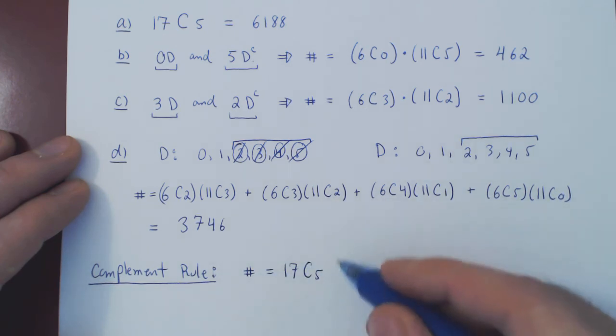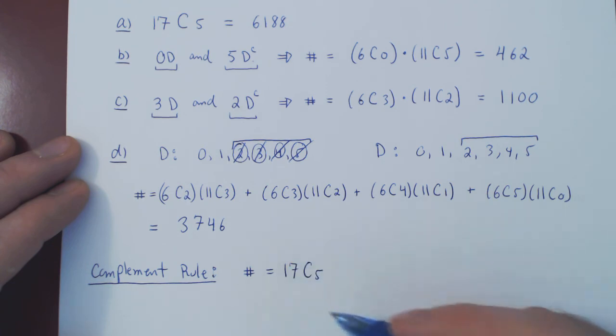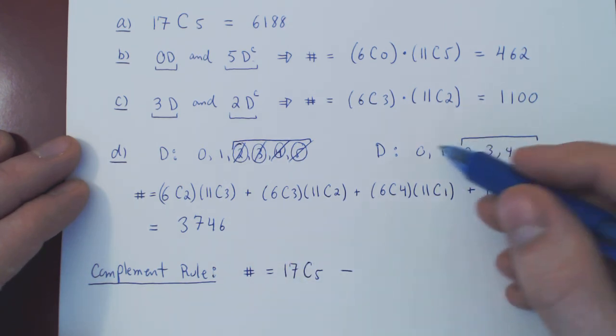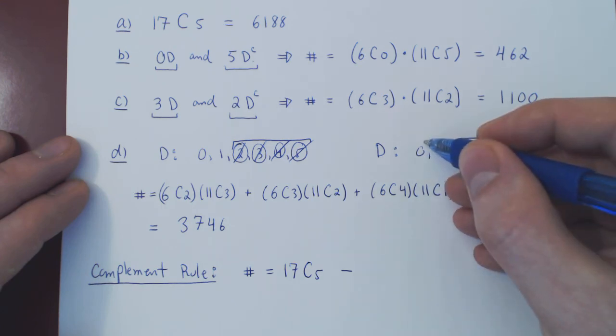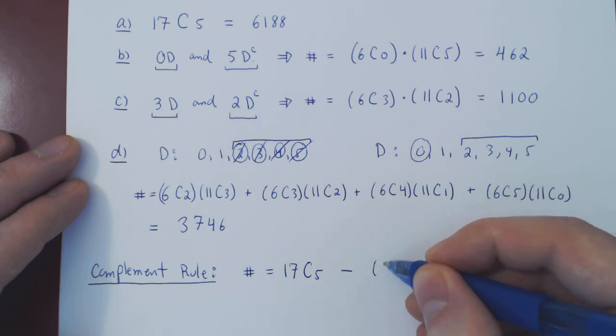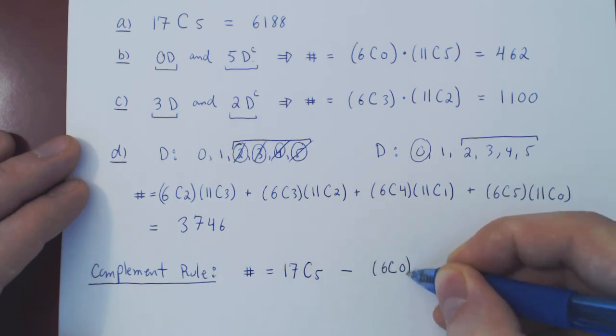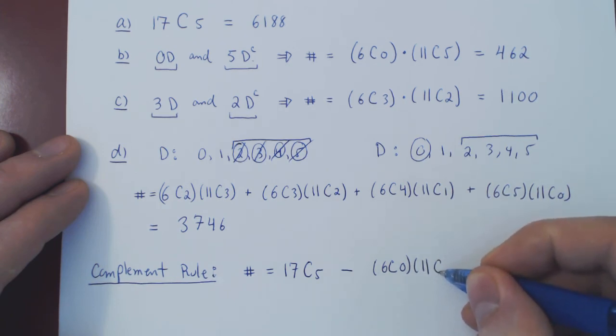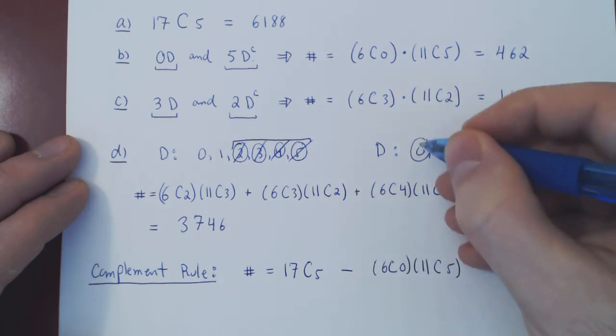So total number of ways of selecting 5 watches from the 17 minus, well, we want to be left with this, so minus what we don't want. So minus 0 defective watches, which means out of the 6 that are defective, we choose 0. And therefore, out of the 11 non-defective, we choose 5.